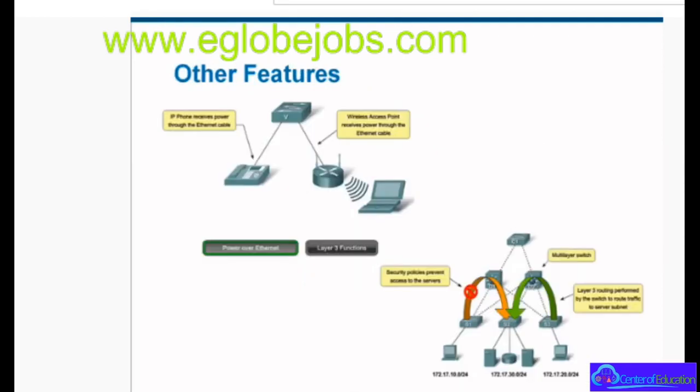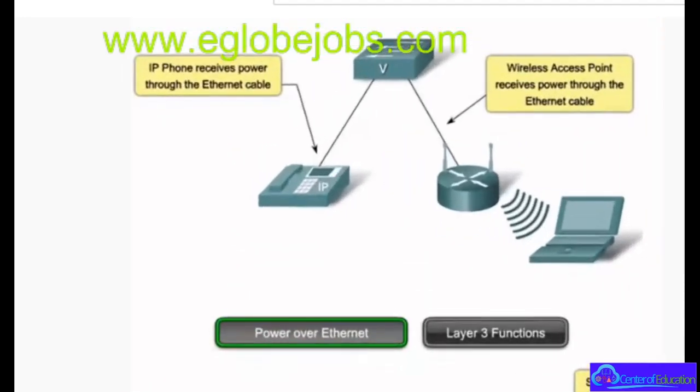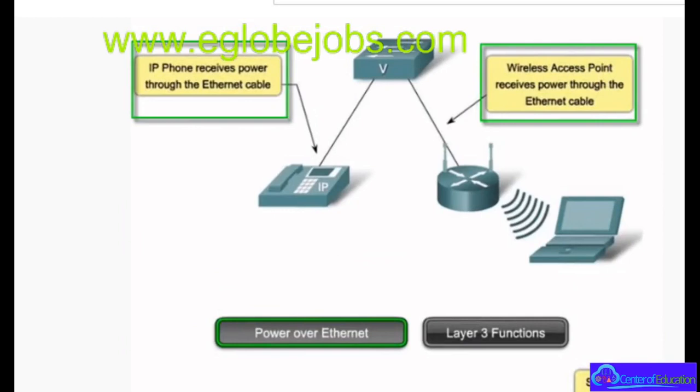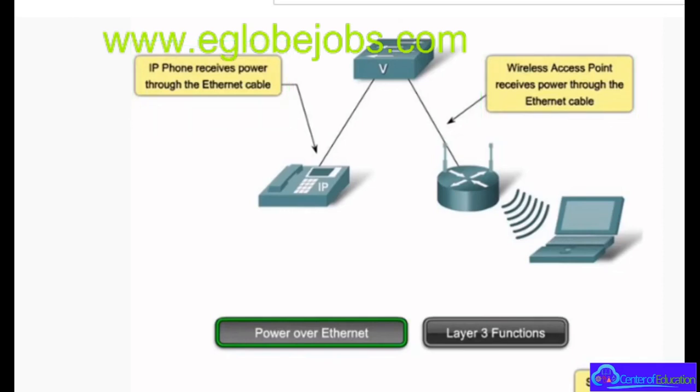Other features that should be considered when selecting access, distribution, or core layer switches include Power over Ethernet, or PoE functionality, and Layer 3 switching capability. PoE enables switches to supply power to access layer devices such as IP telephones or wireless access points. This relieves the network engineer from needing electrical outlets in the direct vicinity of such devices.